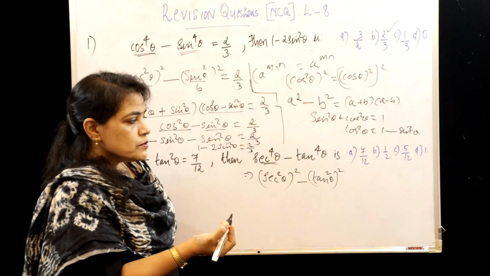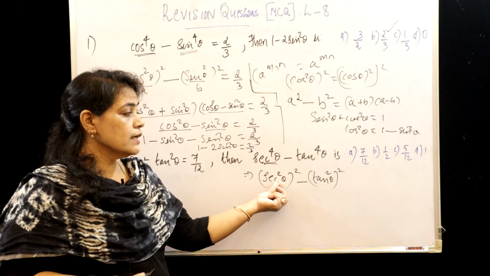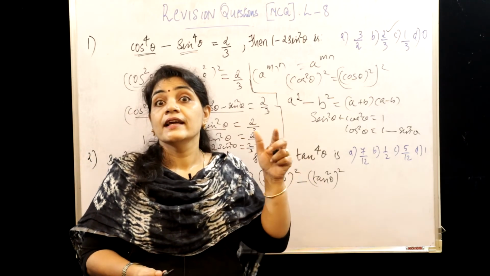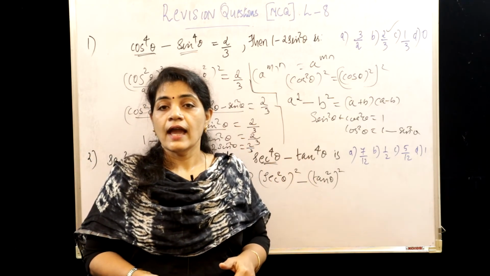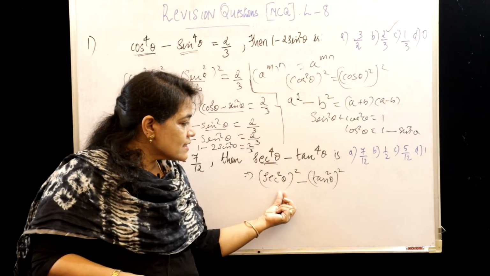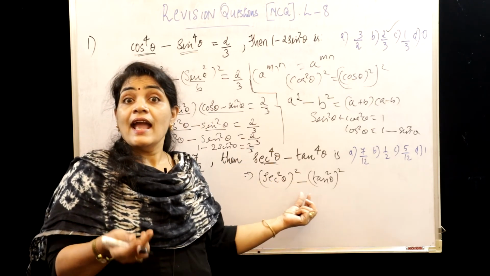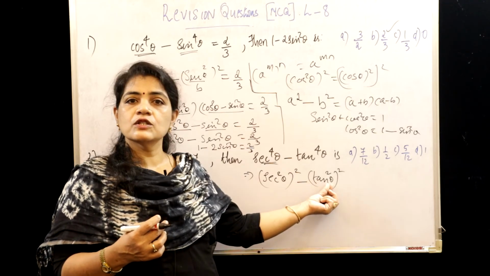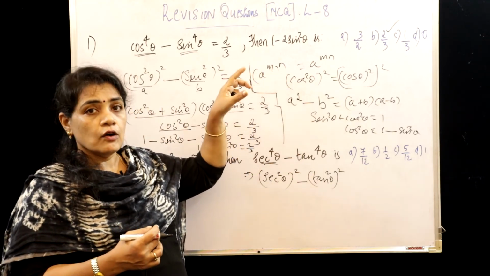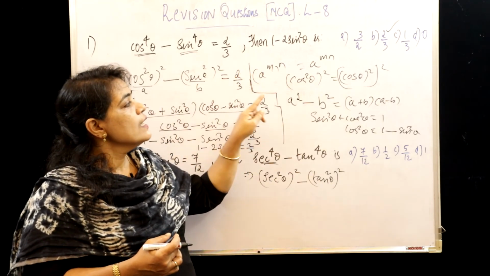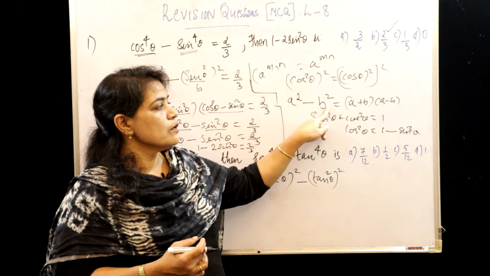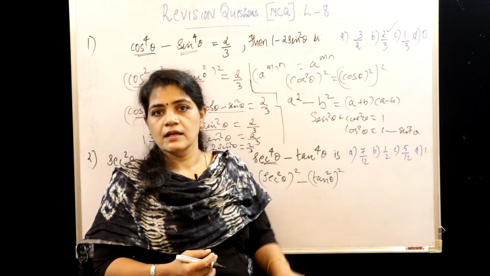We can substitute here the identity 1, sec square theta minus tan square theta. Before that, this is also of the form a square minus b square, the same as the first problem. That is a square minus b square is a plus b into a minus b.